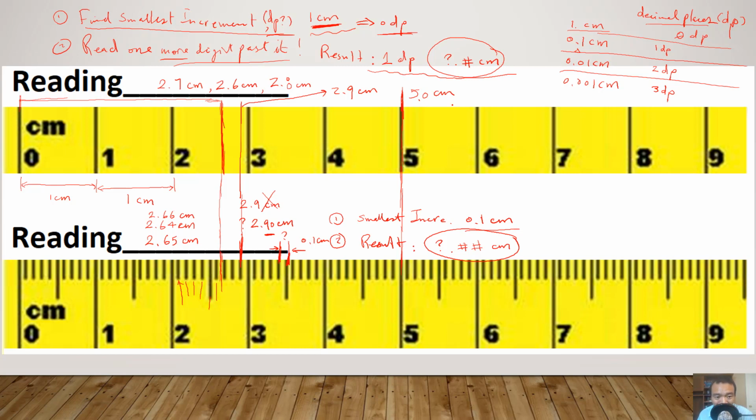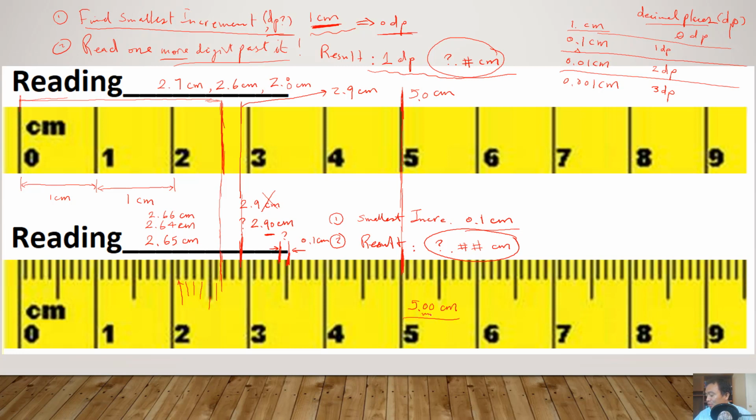You see that? The format must be correct. That's how you can avoid mistakes, especially in your exams. We test this type of things very often. At the bottom situation over here, if it's right on this line, that means you should record it as 5.00 centimeter.